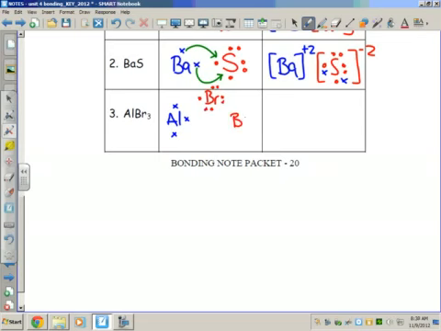A bromine I'll put out here in the middle. 1, 2, 3, 4, 5, 6, 7. And a bromine down below. 1, 2, 3, 4, 5, 6, and 7. I'm going to remind myself to make these boxes a little bigger for next year.